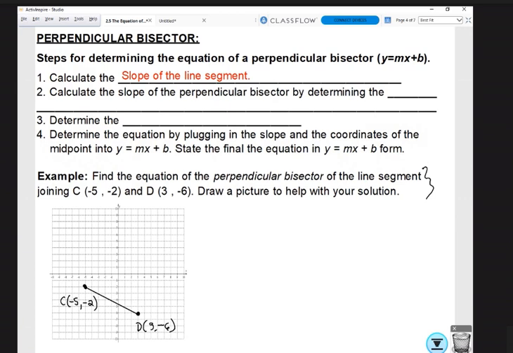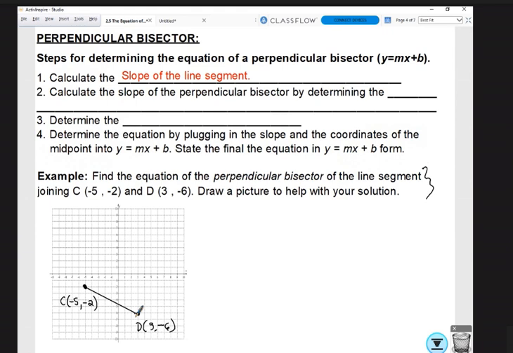Why are we getting the slope of this one? Yes. Tiana said that to find the slope of our line, which is perpendicular to this one, we could just find the slope of this line segment CD and do the negative reciprocal to get our slope, which is perfect.